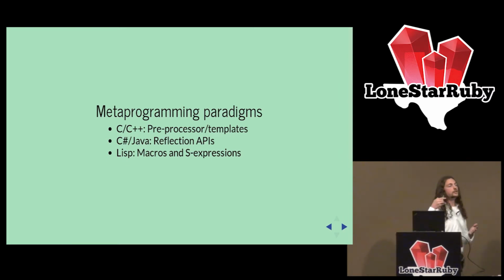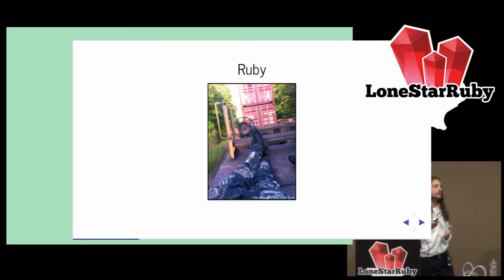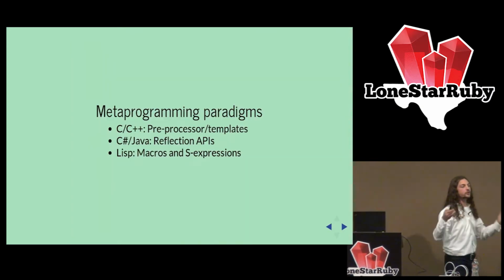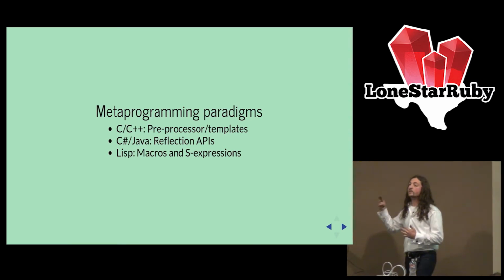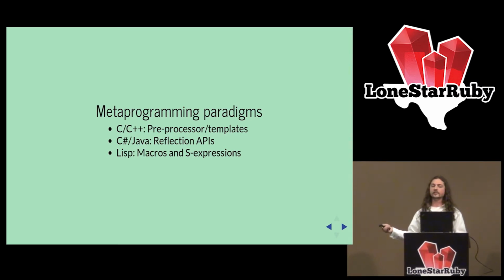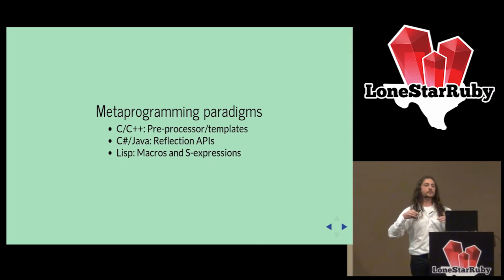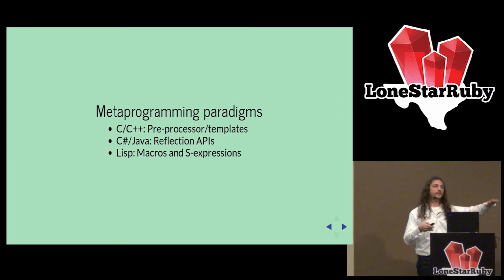But of course, the trade-off that you make for that, the bargain you make, is that you have to write your code in the form of the AST that those macros manipulate. But the commonality among all of these, I think, is that for each language, there's kind of two levels. There is the code level, and then there's the meta level.